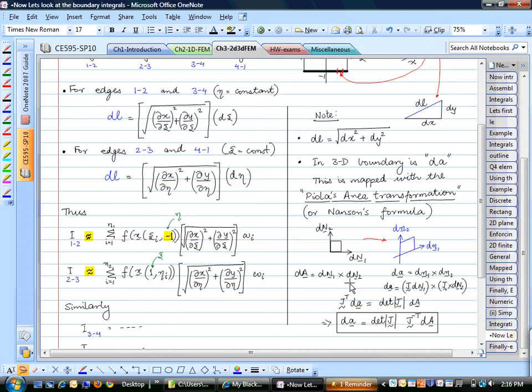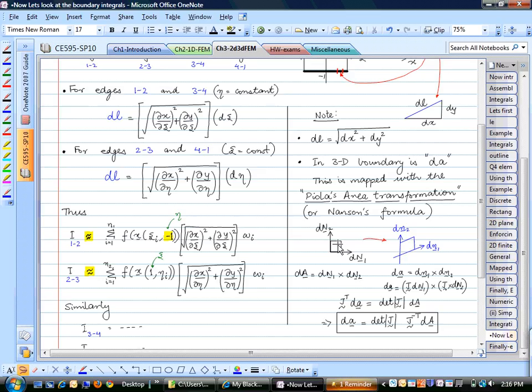And an easy way to look at that is like this. Let's say you have some 3-dimensional body, and on the surface you have these two tangent vectors, dn1 and dn2, and this is the normal pointing out on the surface.